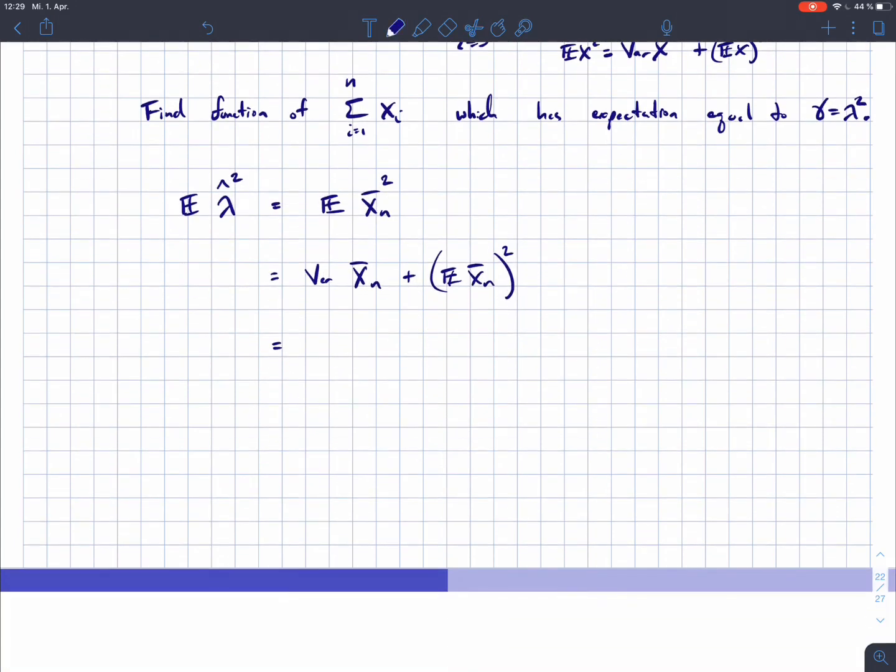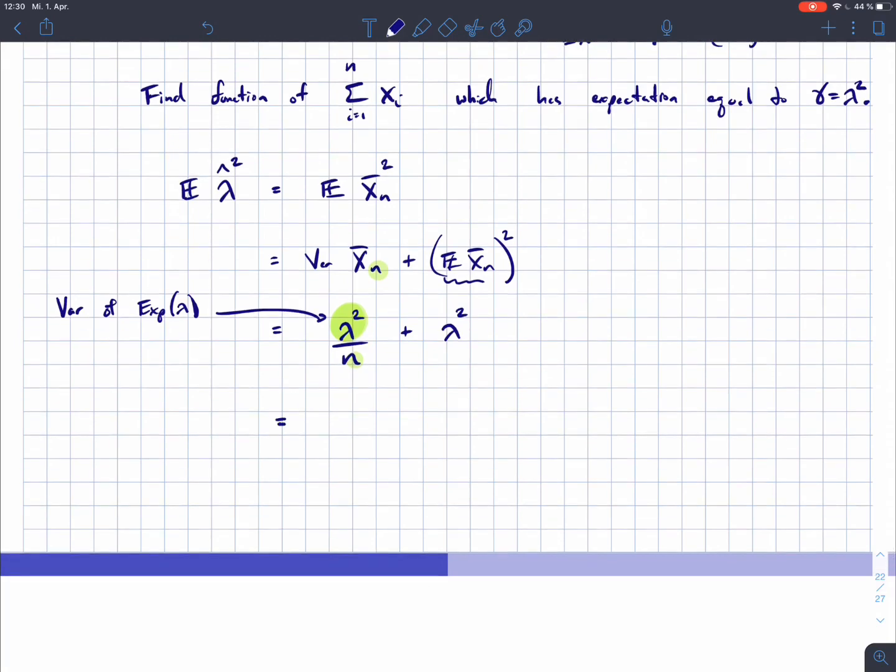The variance of x bar is going to be lambda squared over n, since lambda squared is the variance of the exponential lambda distribution, and I have a sample of size n, so that goes down here. And then expected value of x bar is lambda, and I'm squaring it.